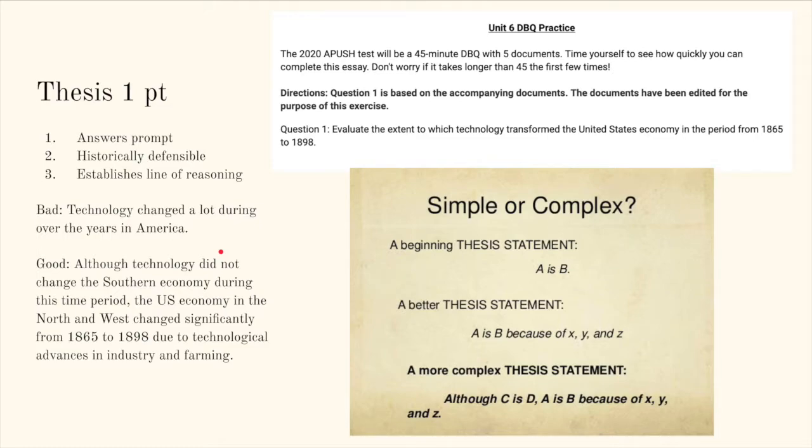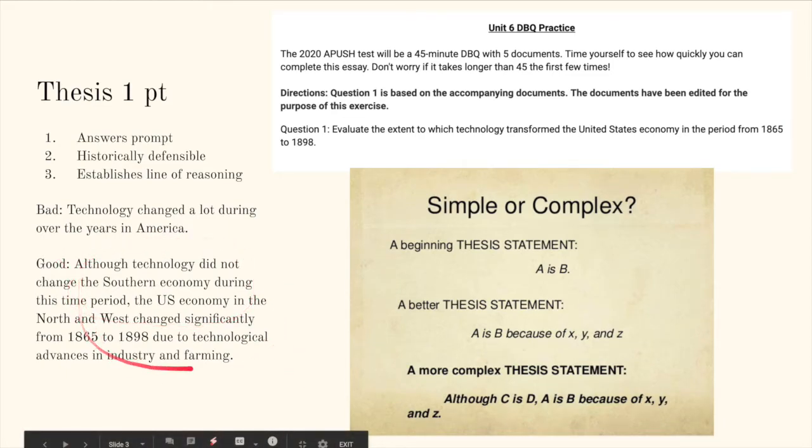Now a good one would be, although technology did not change the Southern economy during this time period, the U.S. economy in the North and West changed significantly from 1865 to 1898 due to the technological advance in industry and farming. Okay, now this kind of thesis lays out exactly what you're going to be talking about.